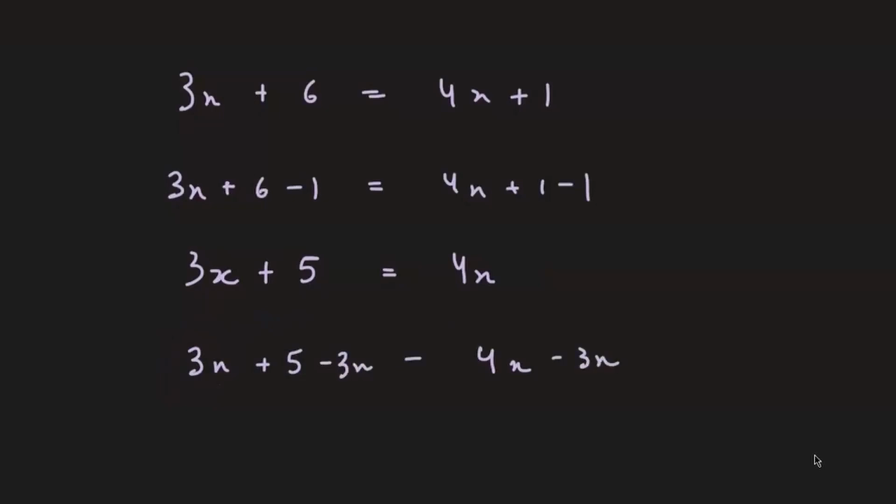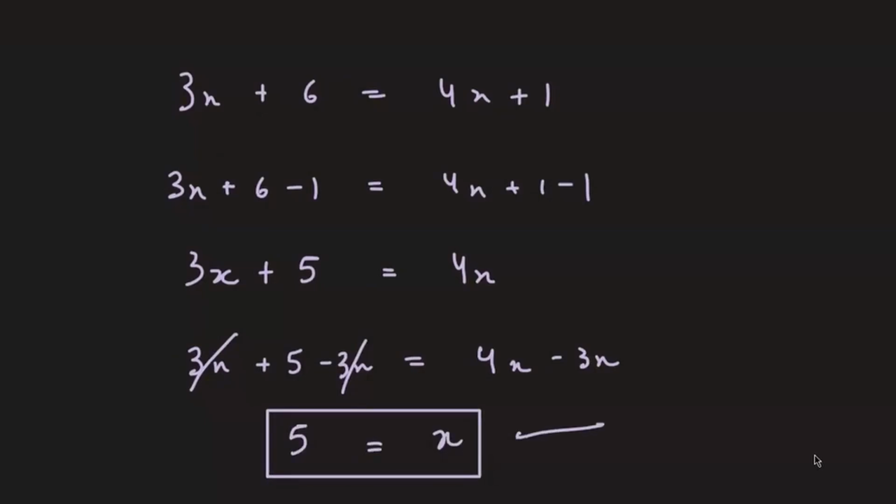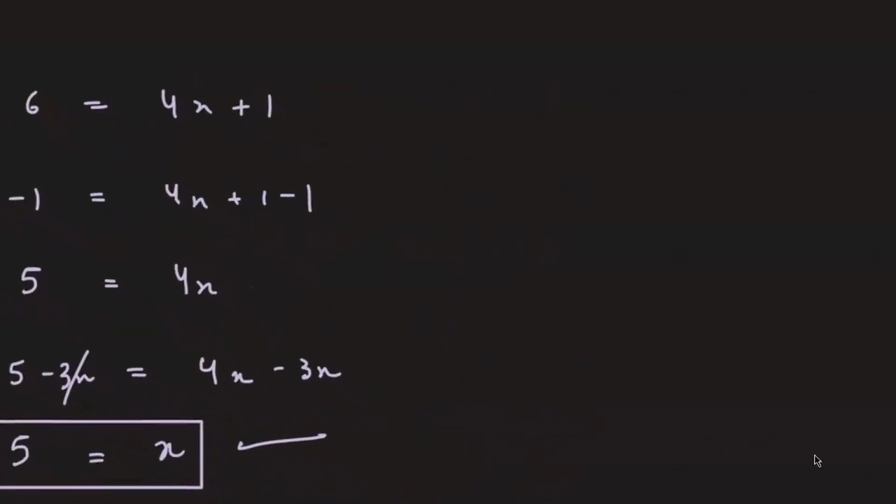So 3x minus 3x will become 0. This becomes 5. 4x minus 3x will become x. So one bag has how many cubes? 5. We did it algebraically now. Previously we did it using the activity. Are you able to understand what I'm trying to say? Yes? Okay. So that's how it works, everybody.